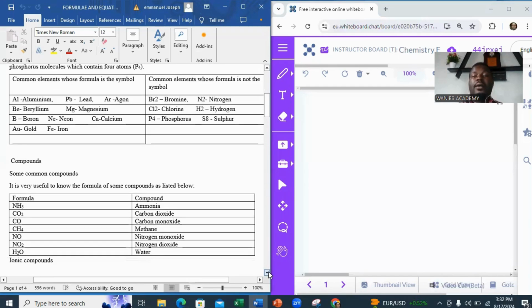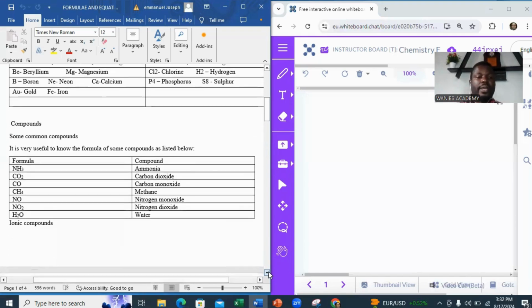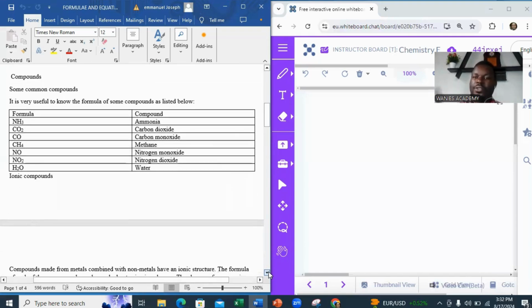These are molecules that have more than one atom in them. So first thing we're going to consider today is to look at some common compounds, I would say some common molecules.